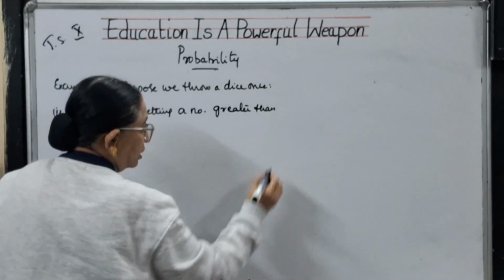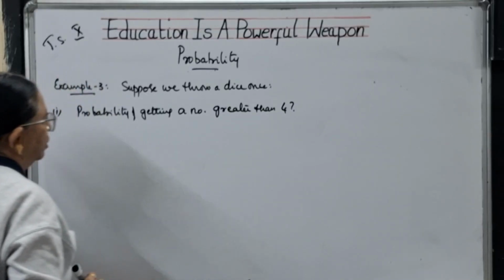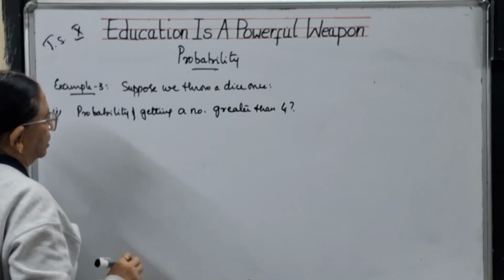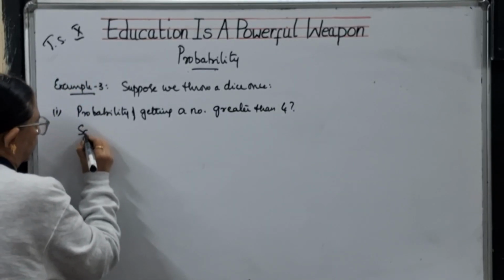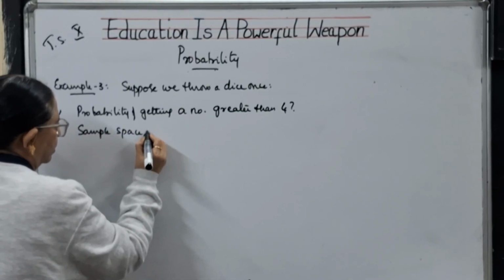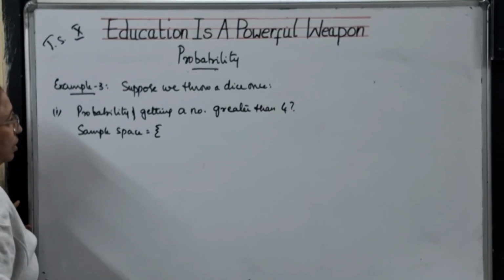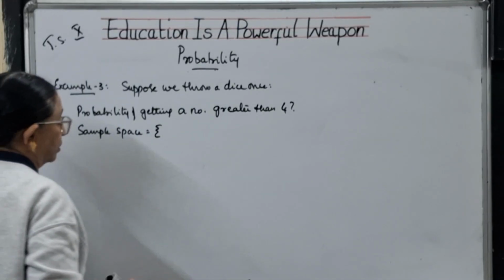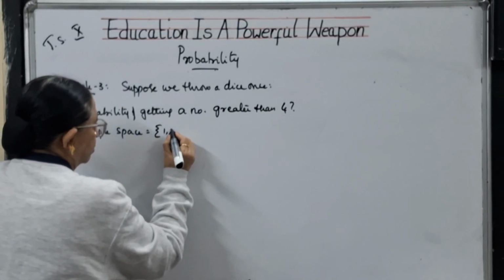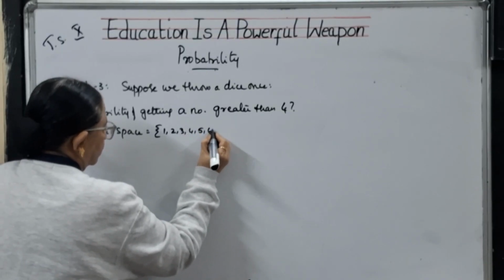Greater than 4. This is the question, children. Probability of getting a number greater than 4. For this, first you write what is the sample space. Sample space means what does it contain, children? When you are throwing a dice, you have got chances 1, 2, 3, 4, 5, 6.